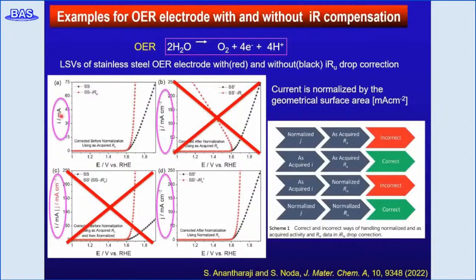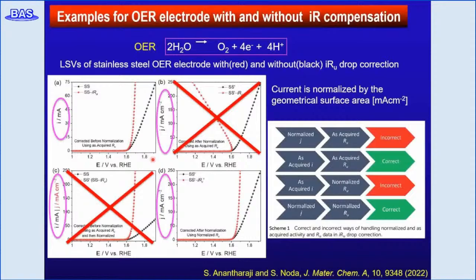The red data points are 100% IR drop corrections. This LSV curve is varied because current and Ru were not normalized.